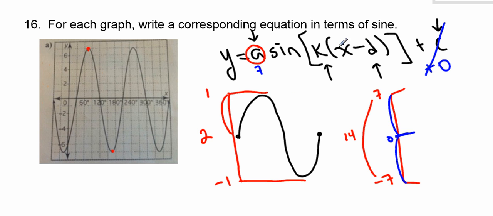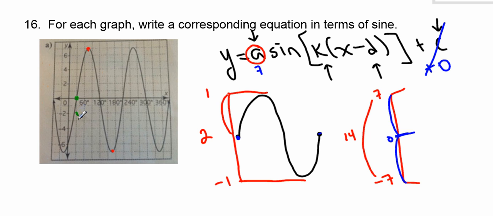Now let's talk about the inside changes or the horizontal changes. Normally a sine curve from the starting point here to the end point here fits into a full circle, which is 360 degrees. Let's look at what this graph does. If I start here, this is the start of a good sine curve.